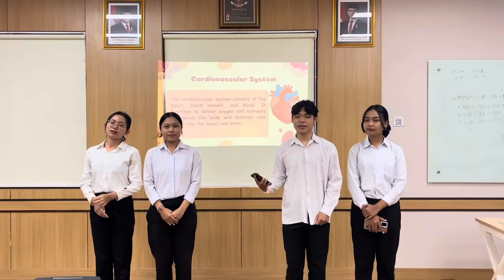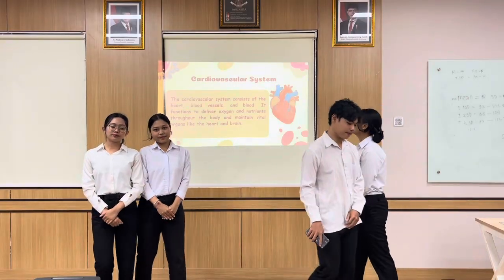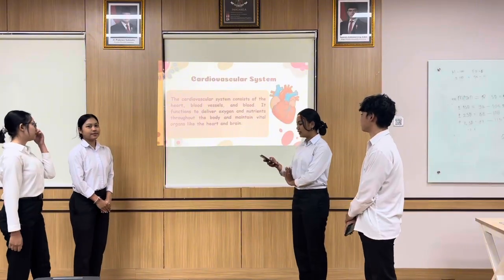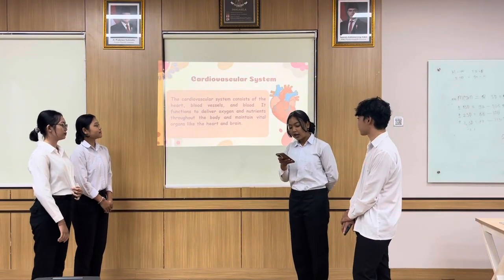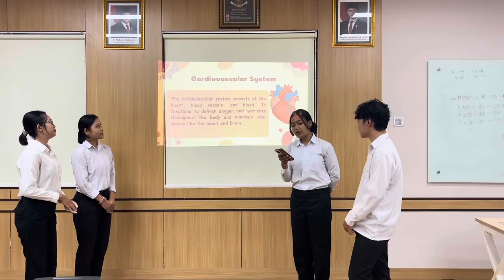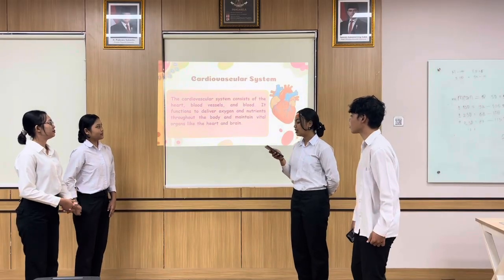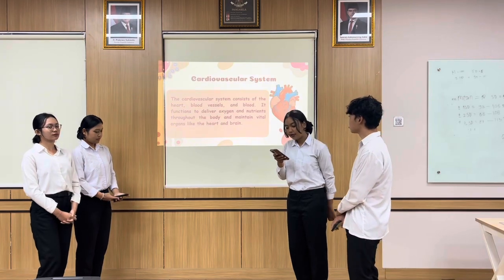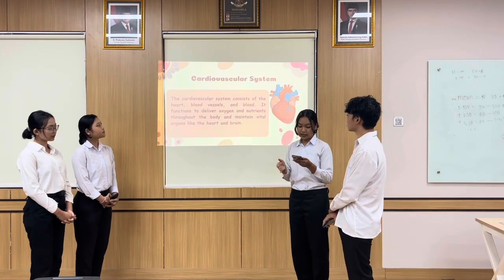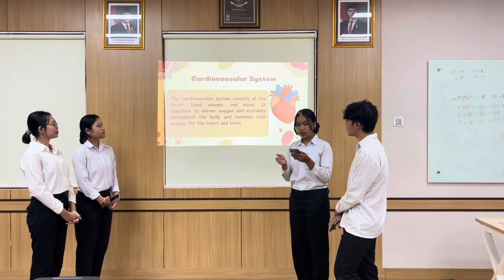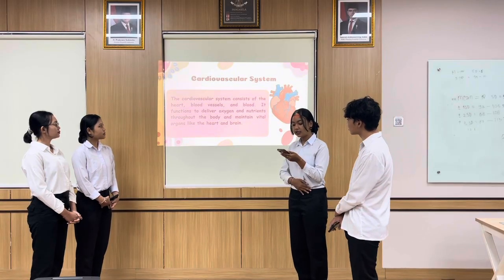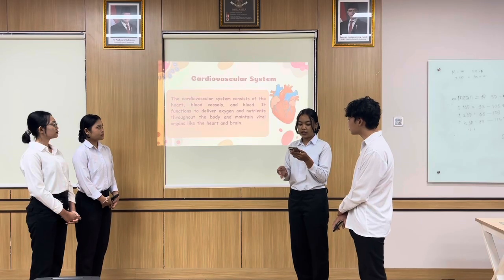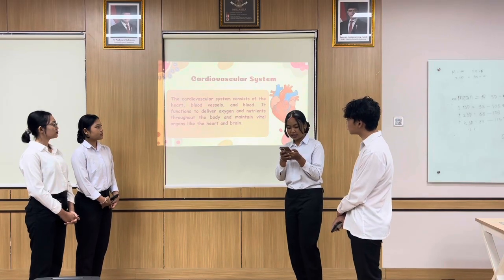We will answer the material. Okay, the first one is the cardiovascular system. The cardiovascular system is the body's blood circulation system consisting of the heart, blood vessels, and blood components. Its function is to deliver oxygen and nutrients throughout the body to support metabolic processes.